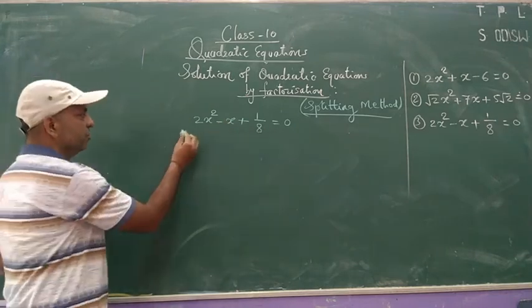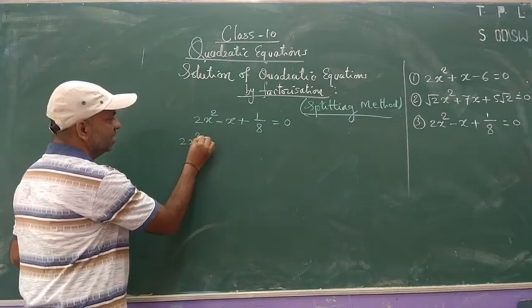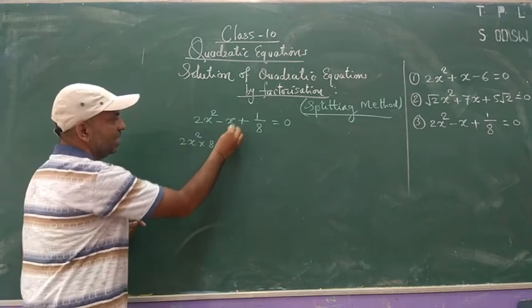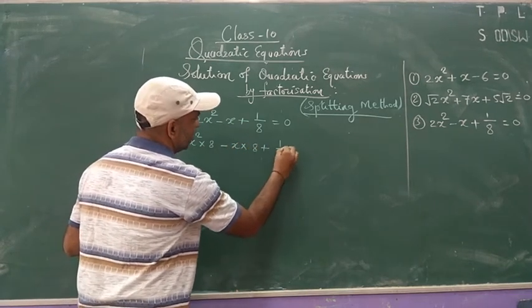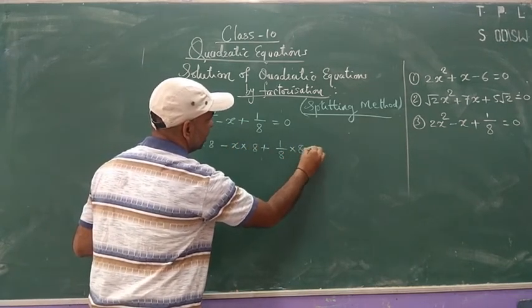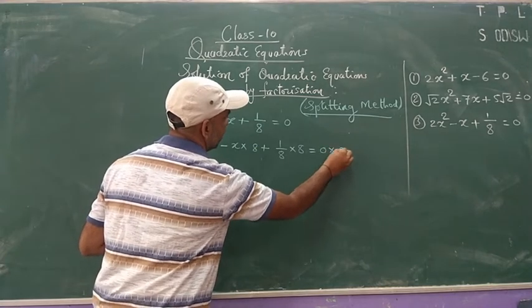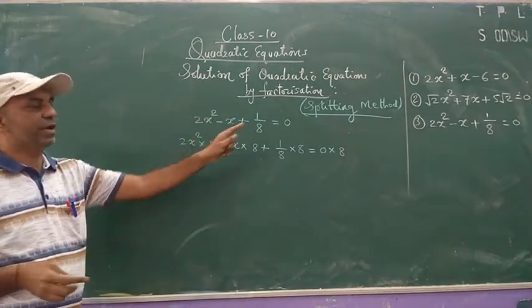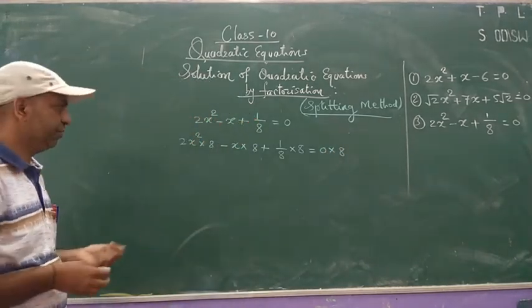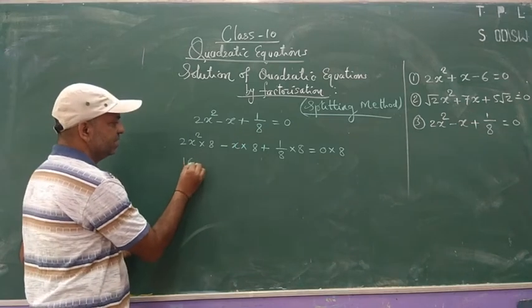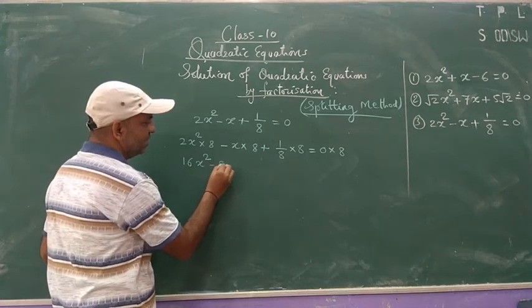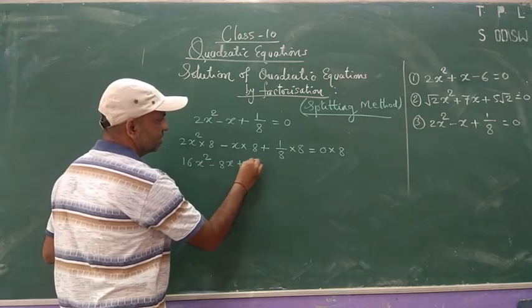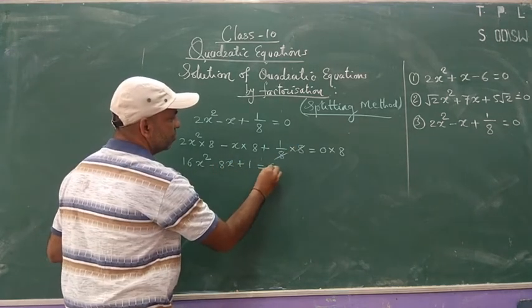Okay, so 2x square into 8 minus x into 8 plus 1 upon 8 into 8 is equal to 0 into 8. हर एक टर्म को आपको 8 से मल्टीप्लाई करना पड़ेगा. So we get here 16x square minus 8x plus 1 is equal to 0.